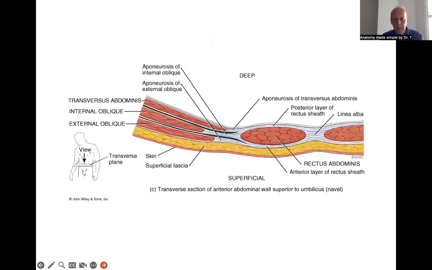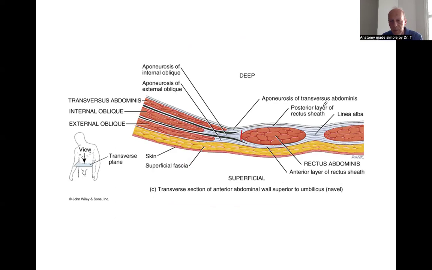All right, so this is how the linea alba is formed. Now you can see three muscles: deepest, middle, most superficial. Their flat aponeurotic tendons, as they approach the lateral edge of the rectus abdominis, start moving either superficial to rectus or deep to rectus.